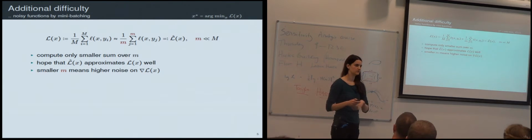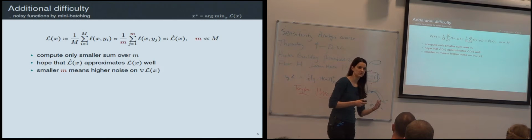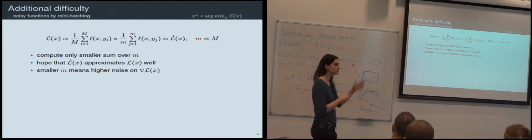People who train neural networks know that, for example. Then capital M would be your number of data points, and this can be some millions, when you think of ImageNet. And this is actually not feasible to evaluate each time. It would just take too long.